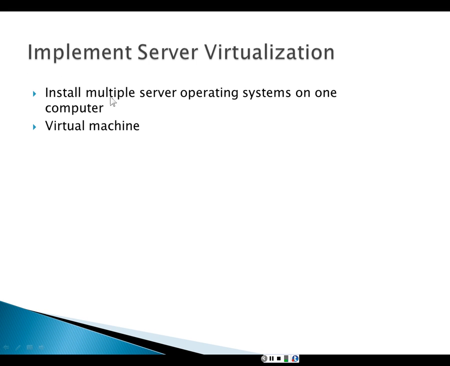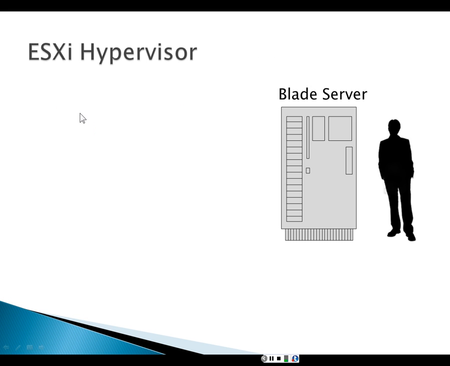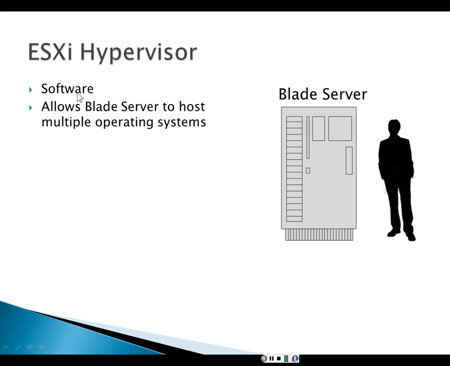So what we do to implement server virtualization is we install multiple server operating systems on one big computer, and each one of those server operating systems is called a virtual machine. The ESXi hypervisor is a piece of software that allows Blade servers to host multiple operating systems, and VMware makes the ESXi hypervisor.